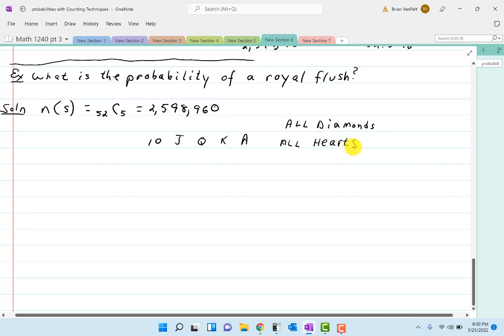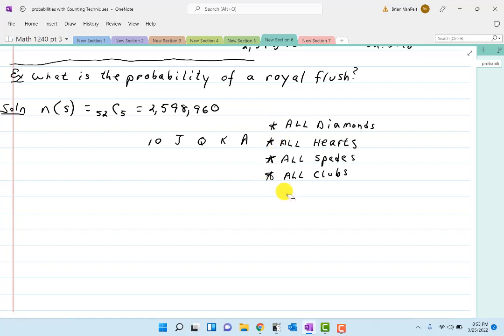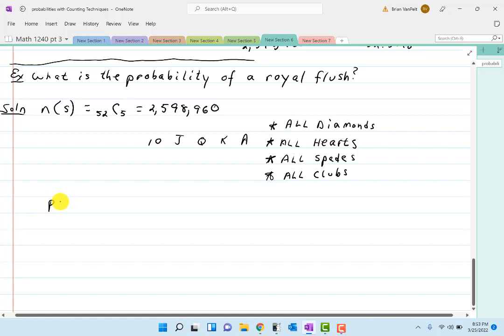Diamonds and hearts are the red cards. We could have all spades, and we could have all clubs. So we have to have one of these suits accounted for. Okay, what's the probability of this? So let's call it all diamonds.